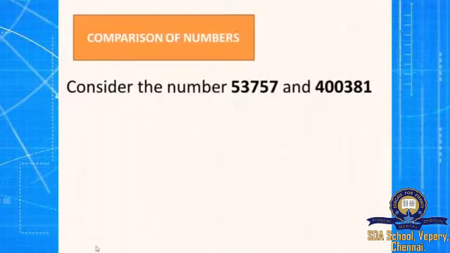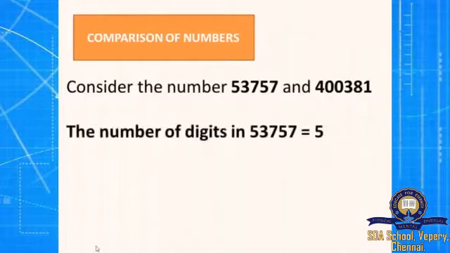Comparison of numbers. Consider the numbers 53,757 and 4,381. Now we will see how to find which number is greater and which number is smaller. For that, we have to find the number of digits in each number.